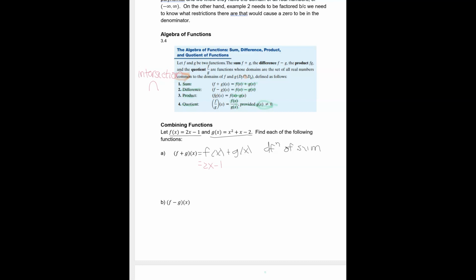So now we're going to add the value of g of x. What do you think that is? Yes, x squared plus x minus 2. I say I wish we were in class because I know there were about 3 or 4 of y'all that were like, you messed up. Okay, so what we did here is we just plugged in the value.